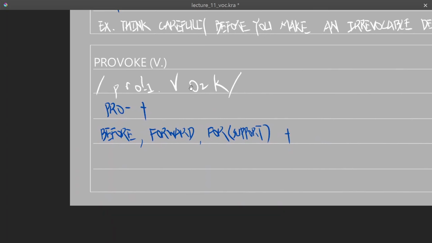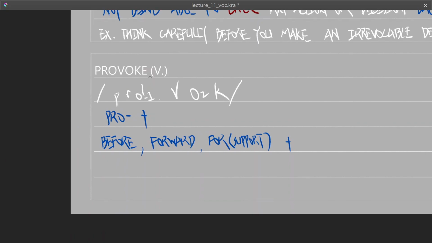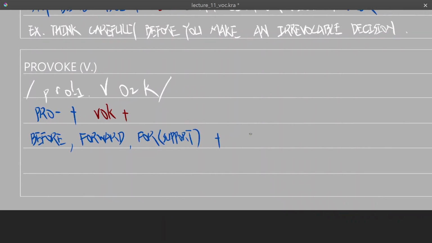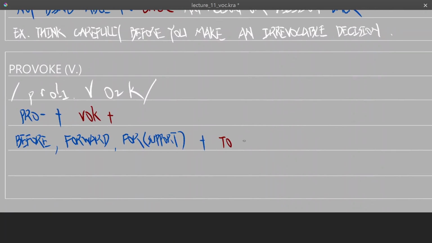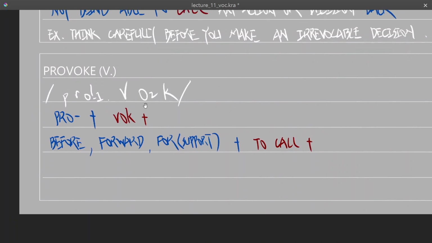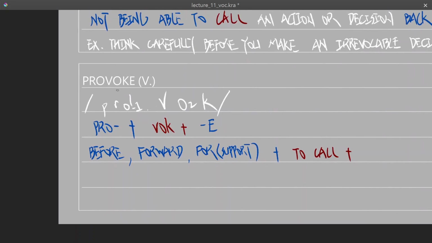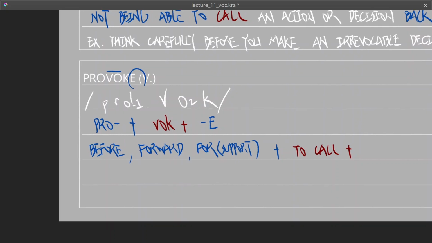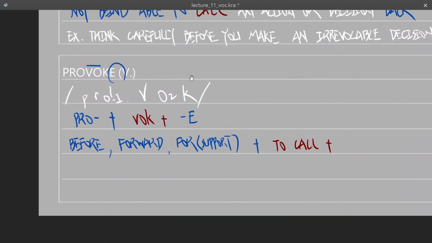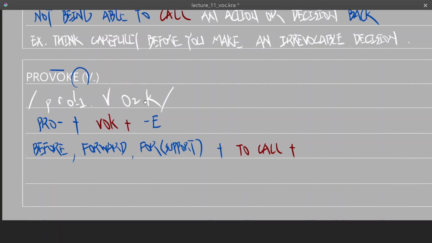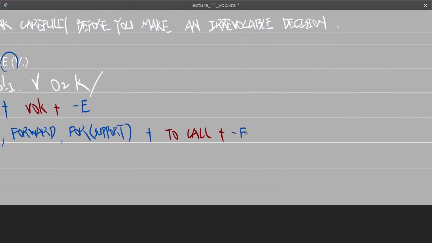Now we have the root voc, meaning to call. And we have the silent final E. The silent final E in this case makes the O say its long sound, so provoke, or the second sound of O-U. Right, silent final E.